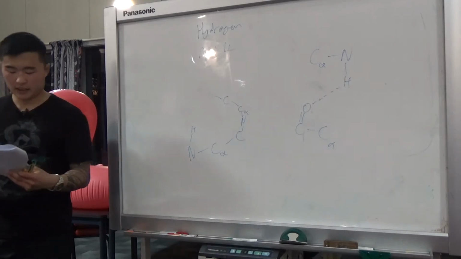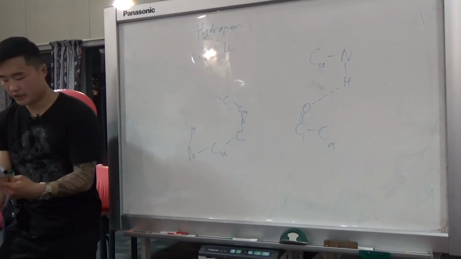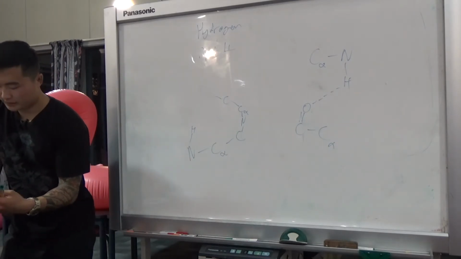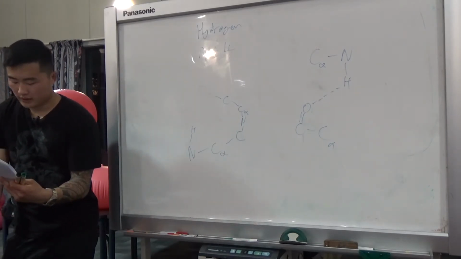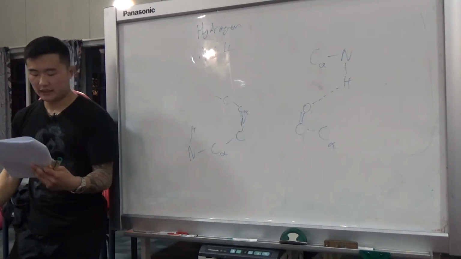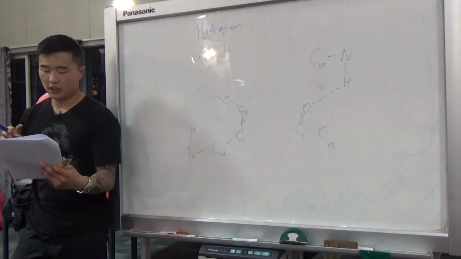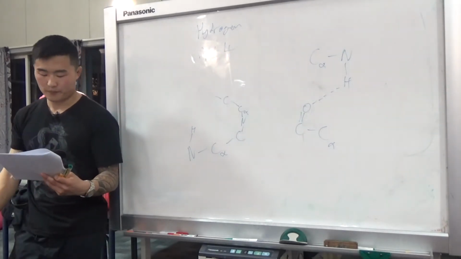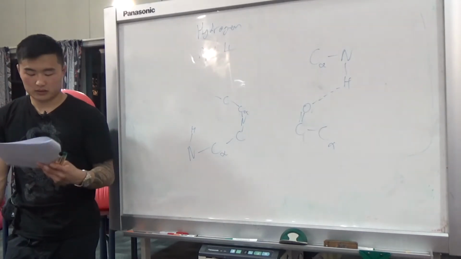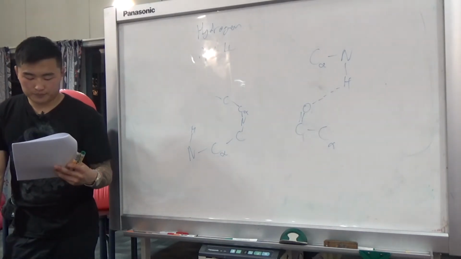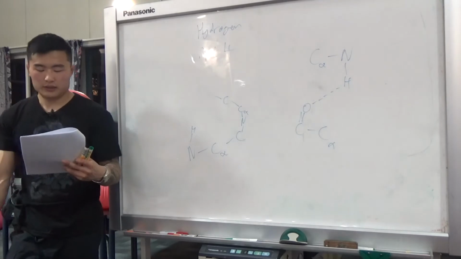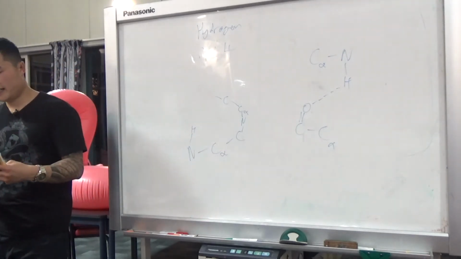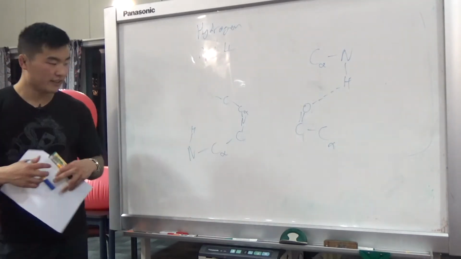And so beta sheets are also going to be stabilized by hydrogen bonds, and it's also going to be between the alpha amino and the alpha carboxyl groups. But the difference is that the hydrogen bonds are going to be between adjacent beta strands. And so a beta sheet contains 2 to 10 beta strands.